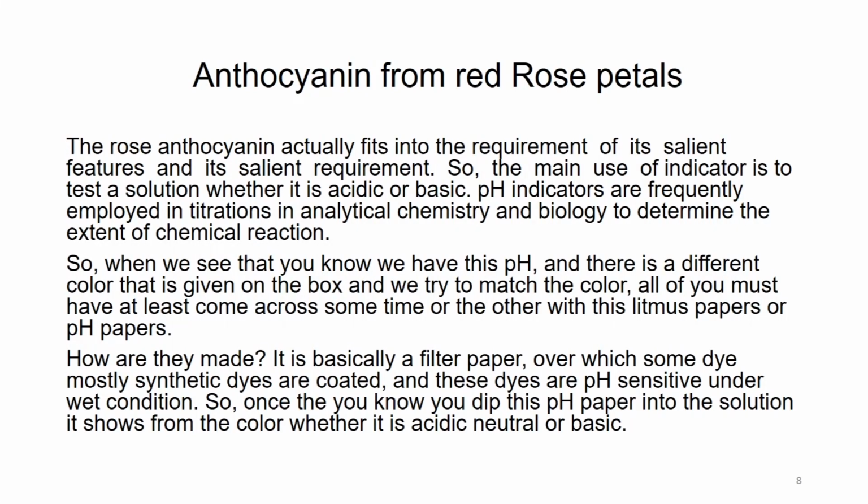That means it is just giving qualitative information whether the solution under test is acidic or basic. It does not give the exact value of the acidity or the basicity. It is very generic information that is obtained from pH indicators.